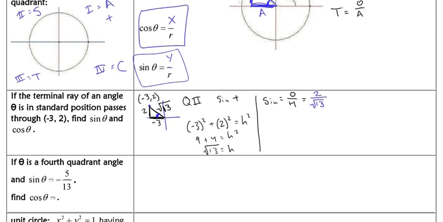Now we want to simplify this, make sure our denominator is rationalized. So multiply the top and the bottom by the square root of 13, and we end up with 2 root 13 all over 13. There's sine of theta. Actually, I should have included theta back there. Sine of theta is 2 root 13 over 13.